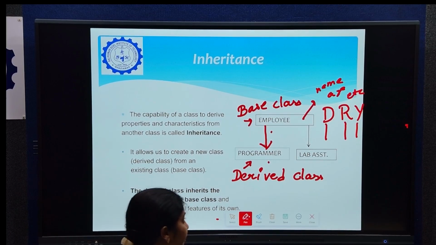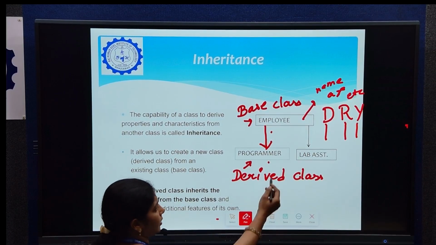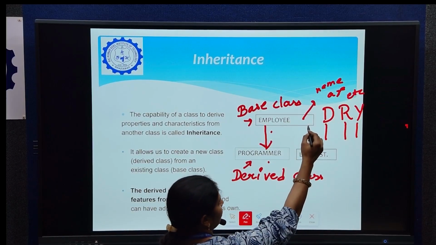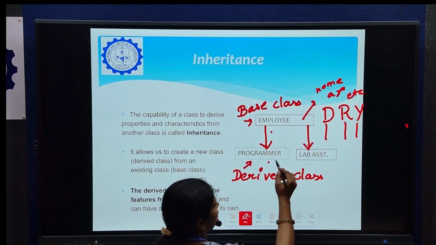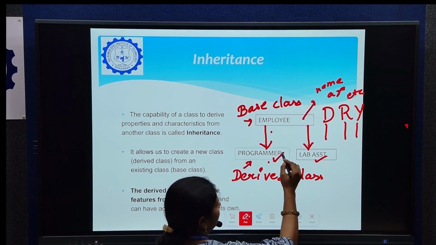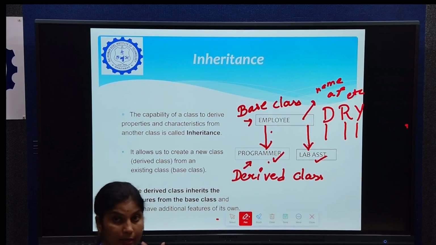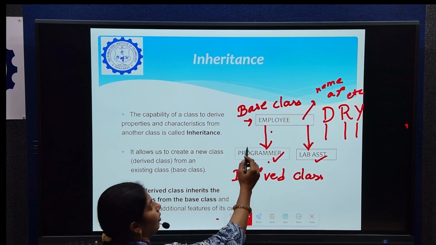Getting my point? So in this example, in this diagram, programmer and lab assistant are two derived classes of one base class.